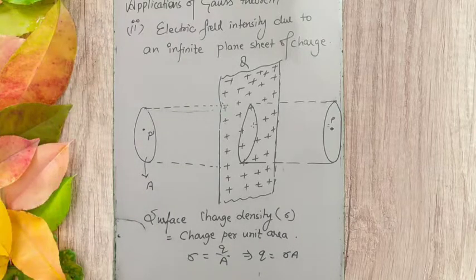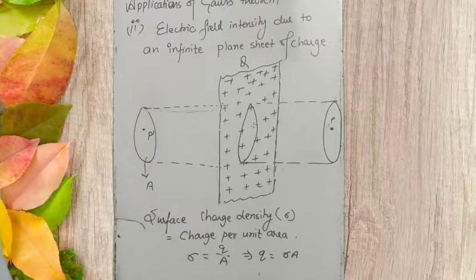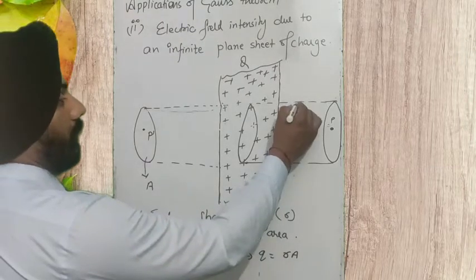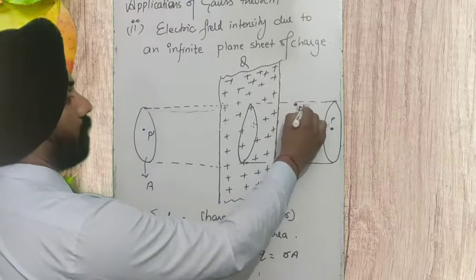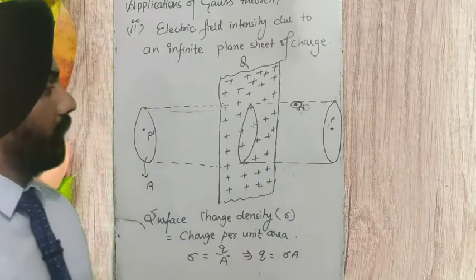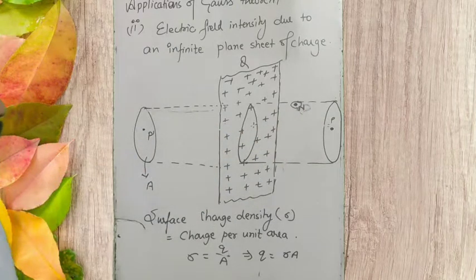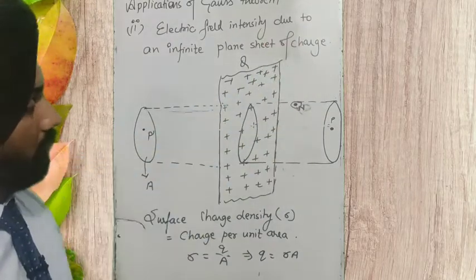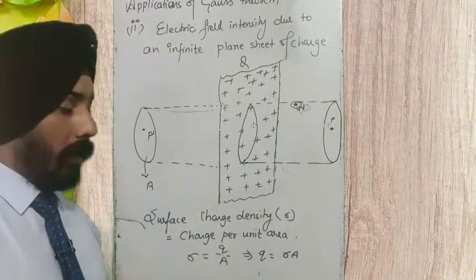So with sigma and the area of this portion capital A, the charge is sigma A. Now to find the electric field intensity, we must consider another point N on the curved surface of this cylinder, and see whether electric flux is passing through the curved surface or only through the cross sections.